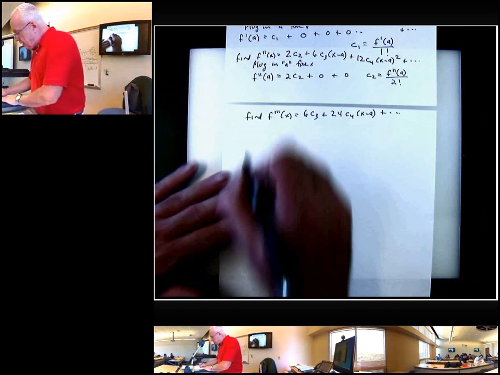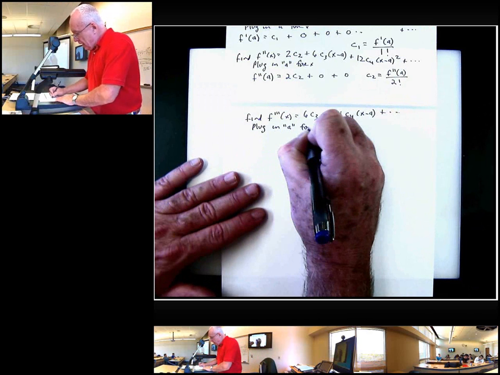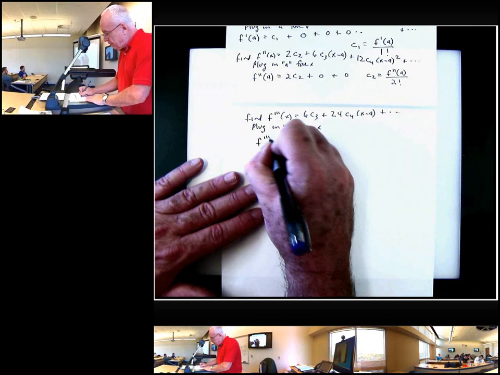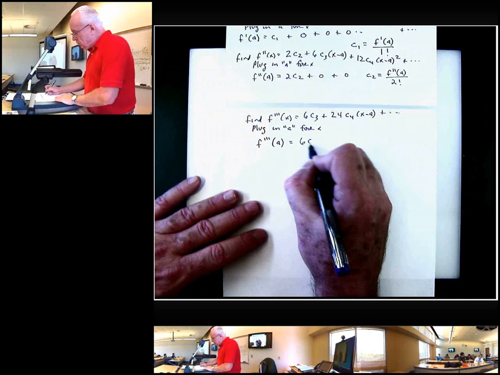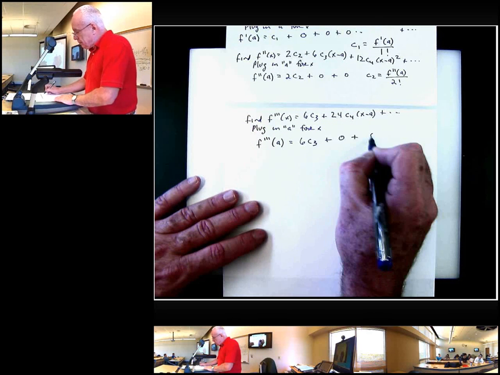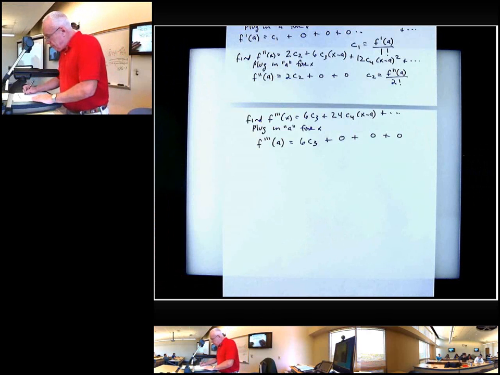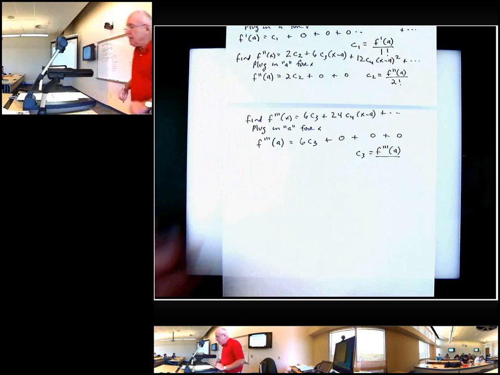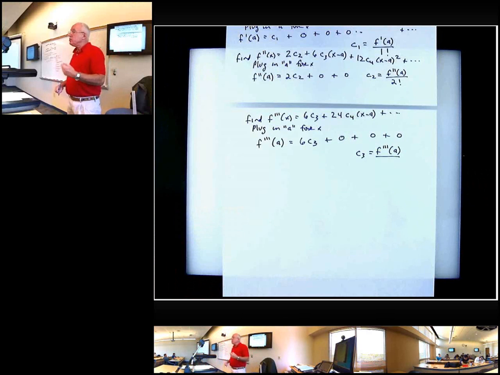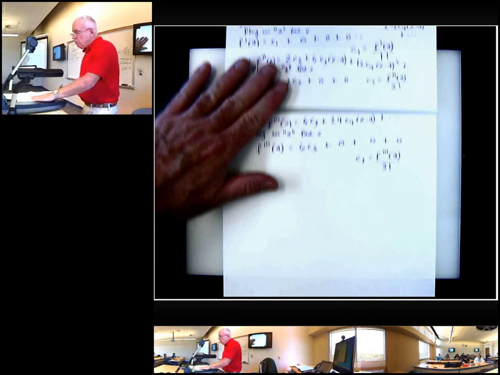Again, we're going to plug in a for x. And I get the third derivative of f evaluated at a is going to equal 6 times C3, and the rest of them are going to end up being 0. So we can then say that C3 is equal to the third derivative of f evaluated at a. Now we're dividing by 6, but 6 does equal 3 factorial, 3 times 2 times 1.